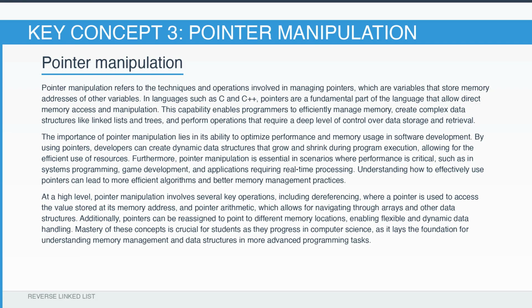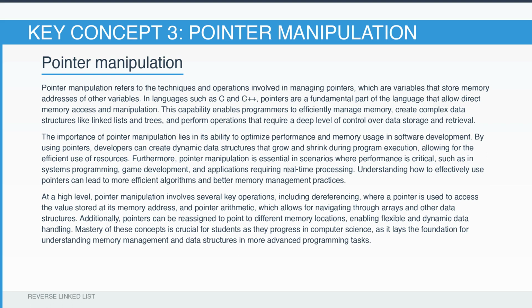Pointer manipulation refers to the techniques involved in managing pointers, which are variables that store memory addresses of other variables. In programming languages like C and C++, pointers are vital for accessing and manipulating memory directly. This direct access allows programmers to efficiently manage memory and create complex data structures, such as linked lists and trees.